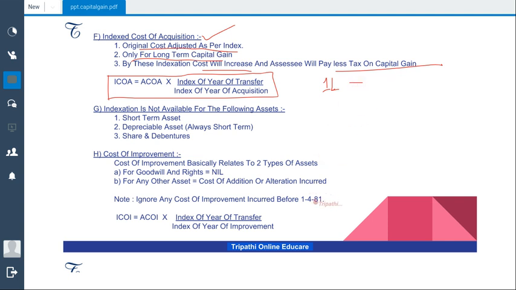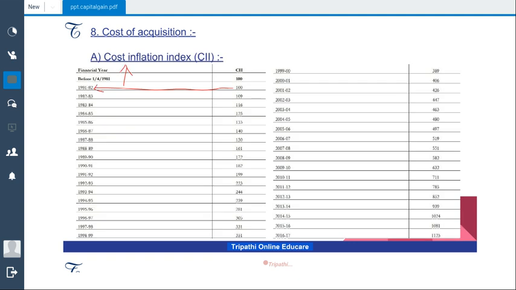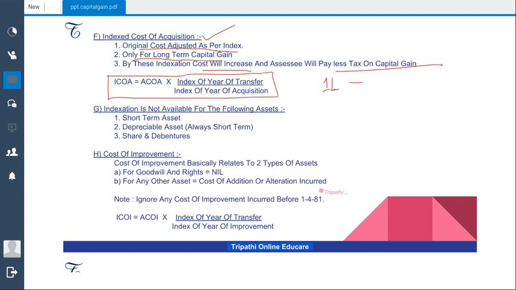So what was the cost inflation index in the year 1991-92? We'll have to go back to the cost inflation index. 1991-92, yes, this one. For 1991-92, our cost inflation index is 199. So we will say our cost inflation index when we bought this property is 199.